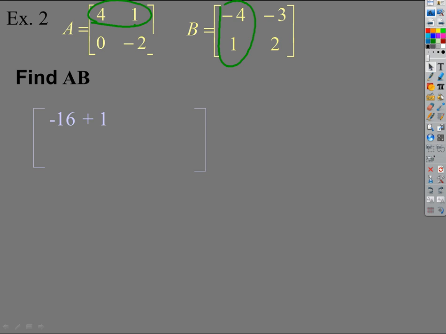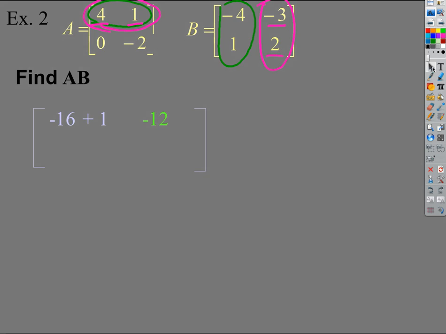So what about over here then? Well, this is the row 1, column 2 product, right? And so I'd have to take the product now of row 1 of matrix A and column 2 of matrix B. So that's going to be 4 times negative 3 plus 1 times 2, right?